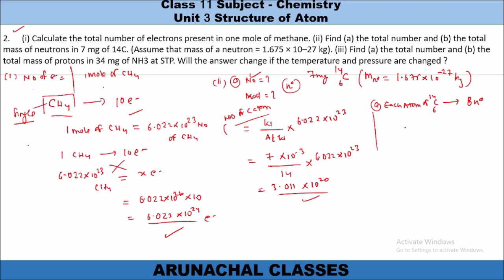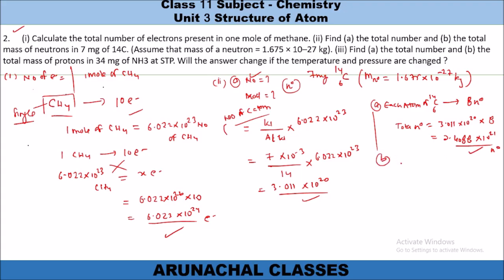Now we need to find out the total number of neutrons. So total neutrons will be these many carbons multiplied with 8. So 3.011 into 10 power 20 multiplied with 8 will be 2.4088 multiplied with 10 power 21. So this many number of neutrons will be present.